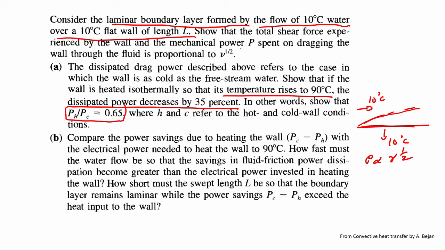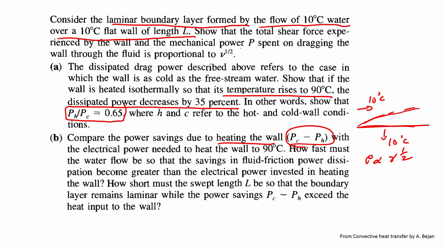And then the third part of the question boils down to comparing the power savings, because you are investing some power in heating the wall, and then you are of course saving some power because you are able to reduce the drag force, so you do not need a lot of power in dragging the plate.